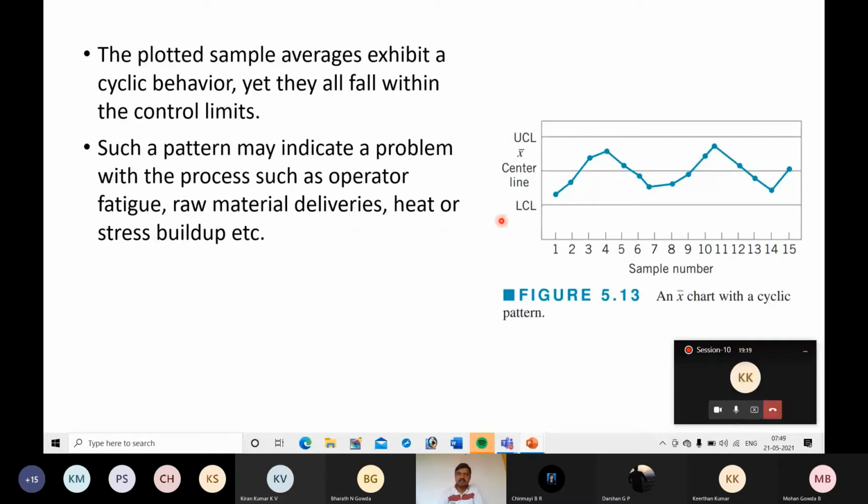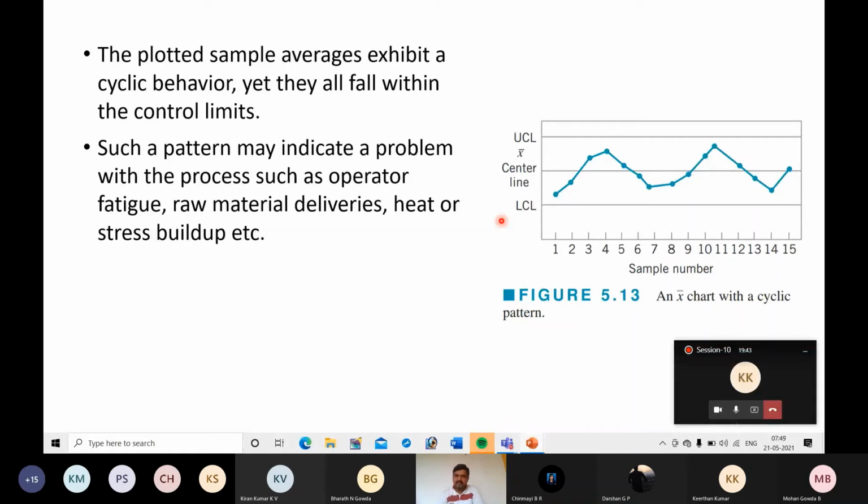Again, if you consider a cutting tool, if you are performing an operation with the cutting tool and not supplying cutting fluid regularly, suppose you are supplying cutting fluid after every 30 seconds for an interval of 5 seconds, then it may result in heat.